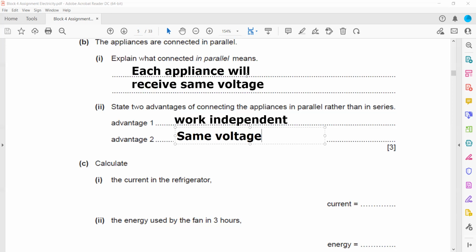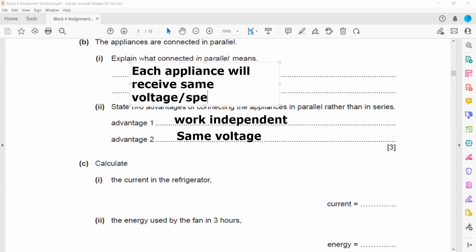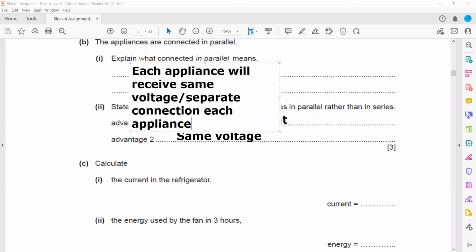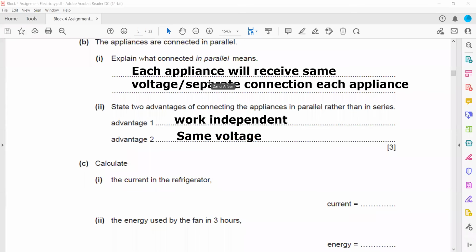And here you can also mention that connecting in parallel means each appliance receives the same voltage, or a separate connection for each appliance. So this is a definition of how we explain the parallel circuit.